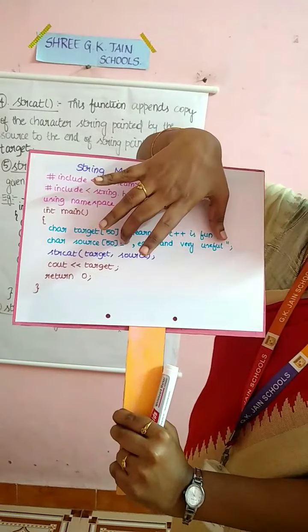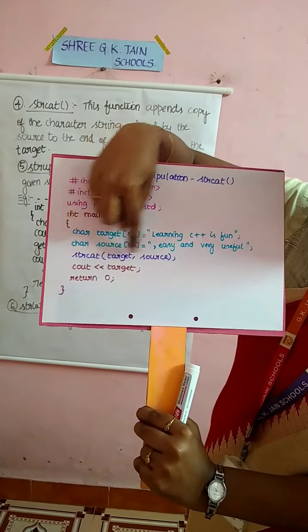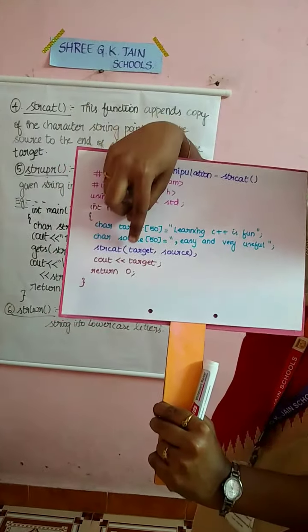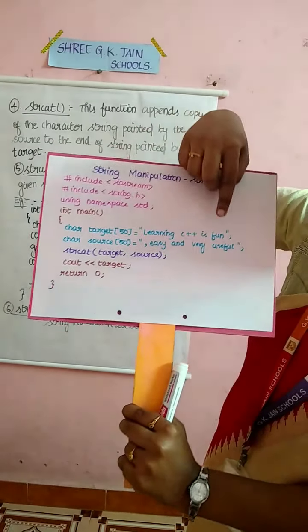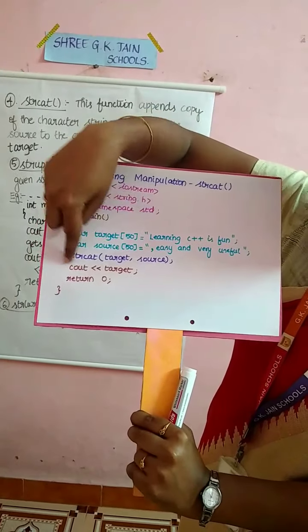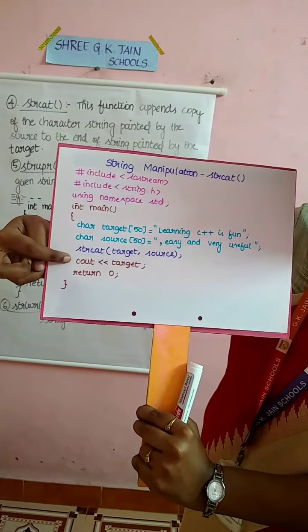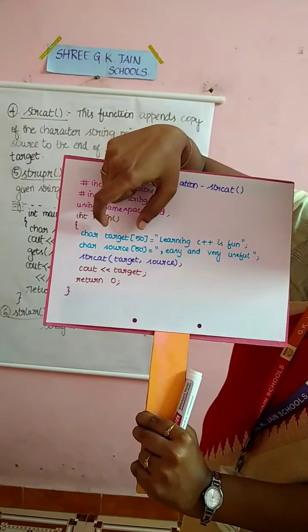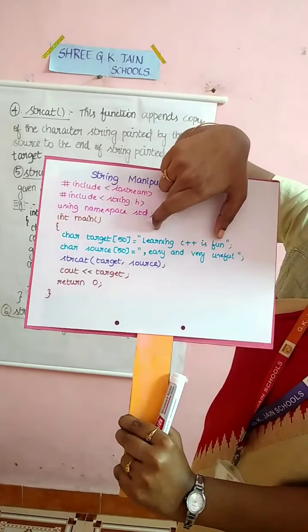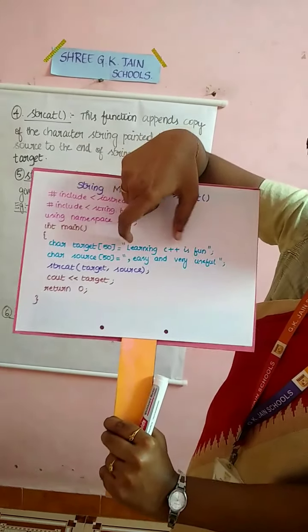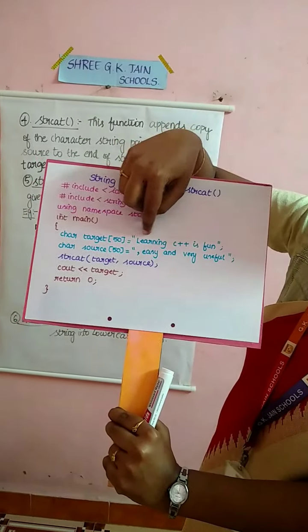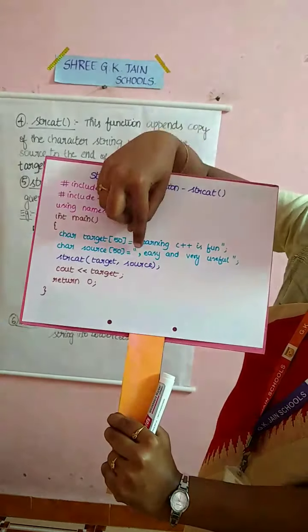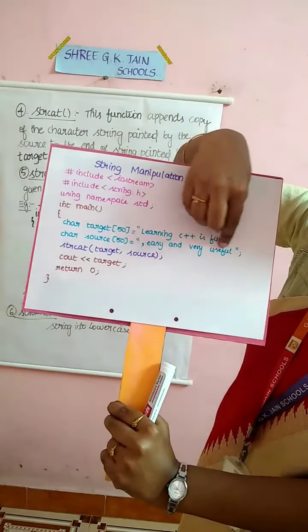So what I am going to do here is concatenate, appending my target string with the source string. After doing this operation, if I give the cout statement for the target, I will get the output inclusive of both lines, that is learning C++ is fun, comma, easy and very useful.